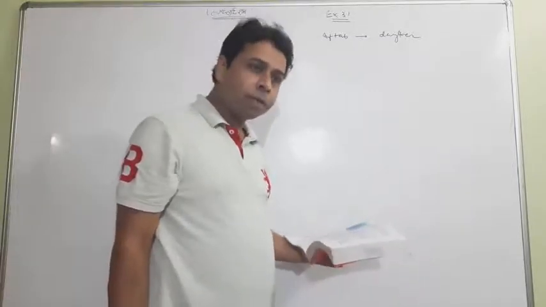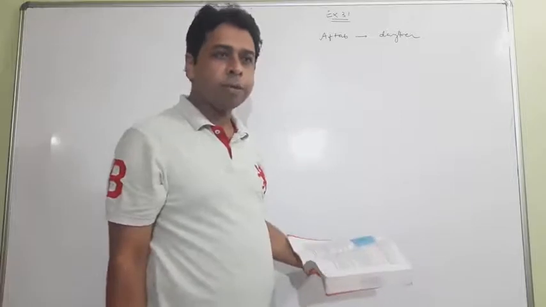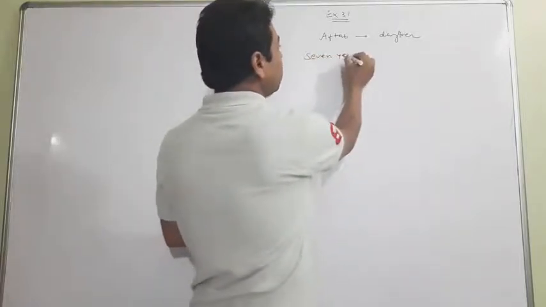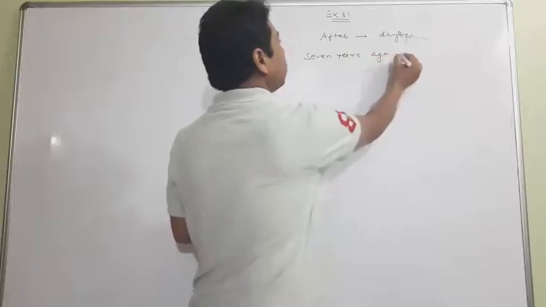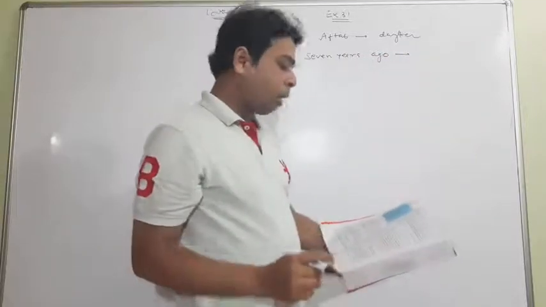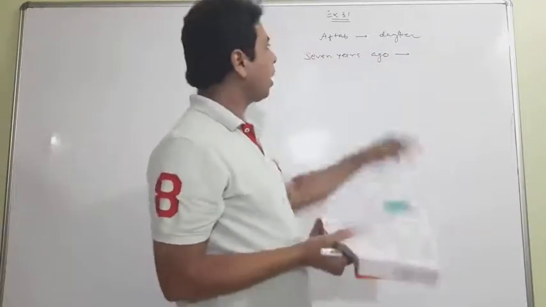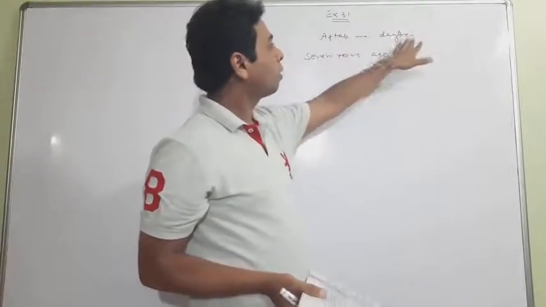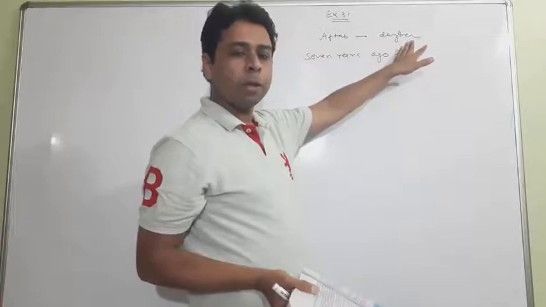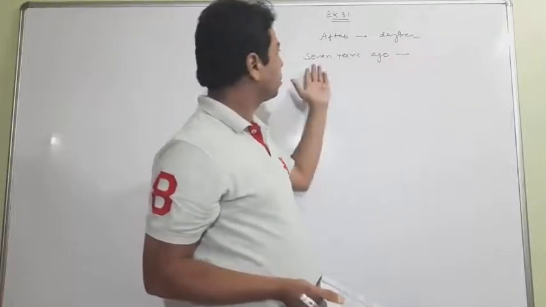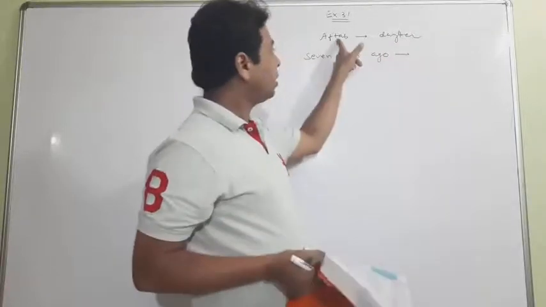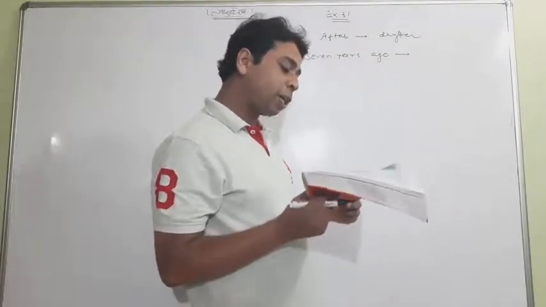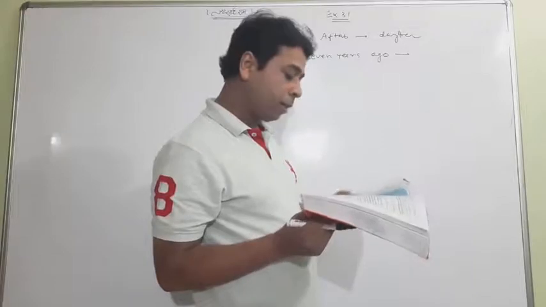As I have given the knowledge till now, whenever the word comes 7 years ago, I was, who is speaking? Aftab is speaking. Aftab is talking with his daughter. What about 7 years ago? He is saying, I was 7 times as old as you were then.